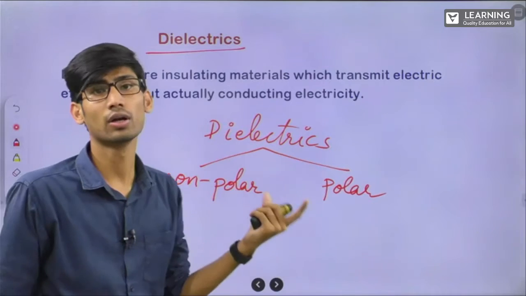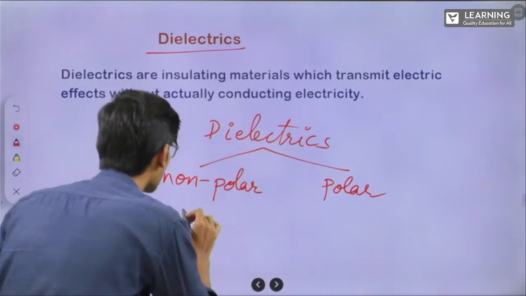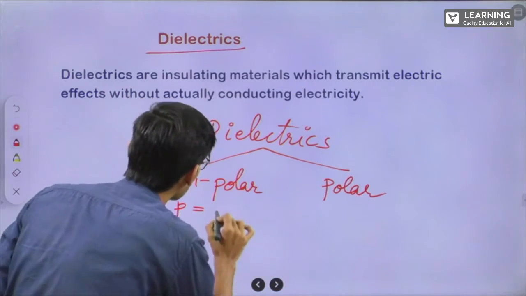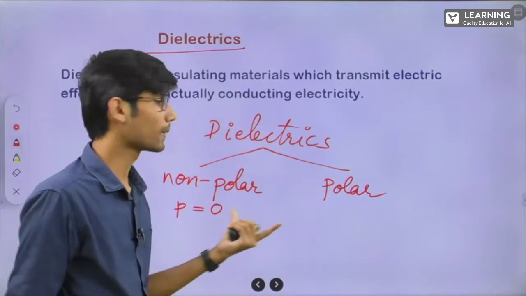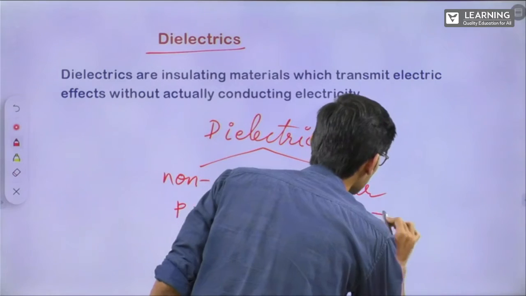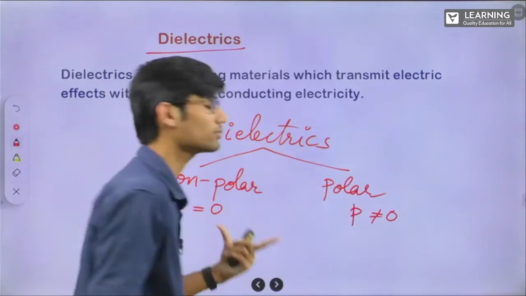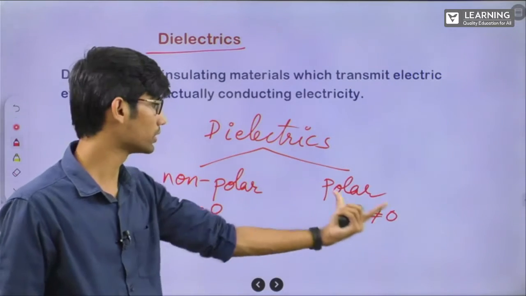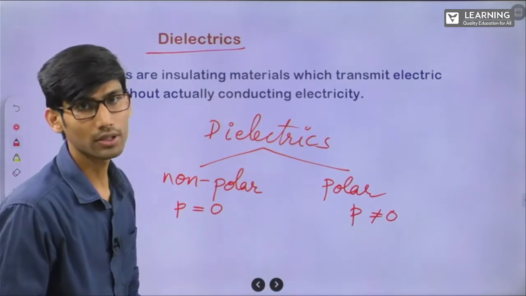But if you see at the molecular level, non-polar means the dipole moment is equal to zero. Clear? Polar means the dipole moment is not equal to zero. Fine. Here the dipole moment will be zero for that particular molecule. Here the dipole moment will not be zero.